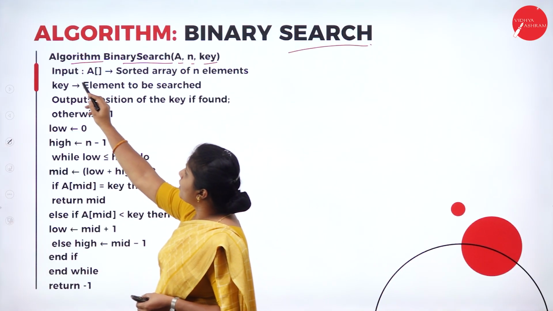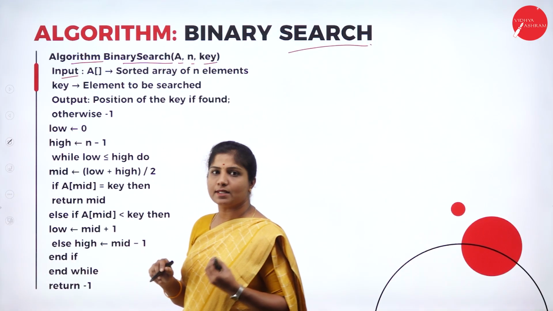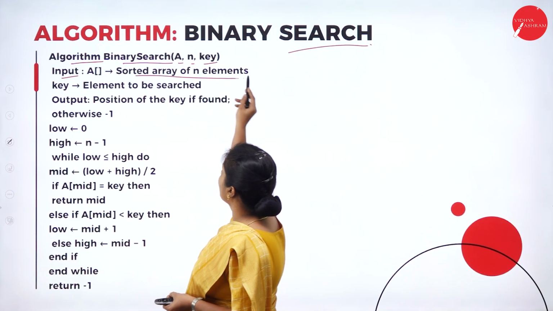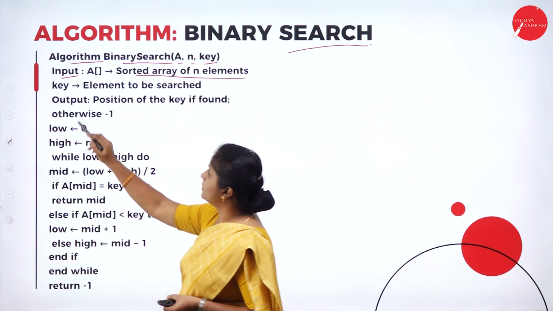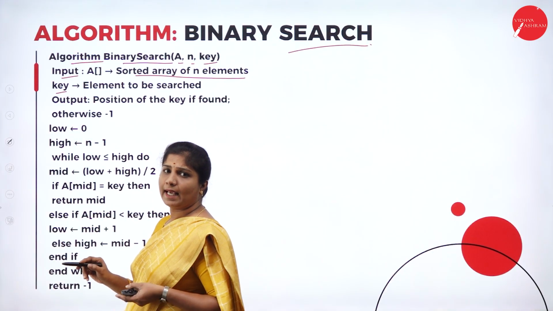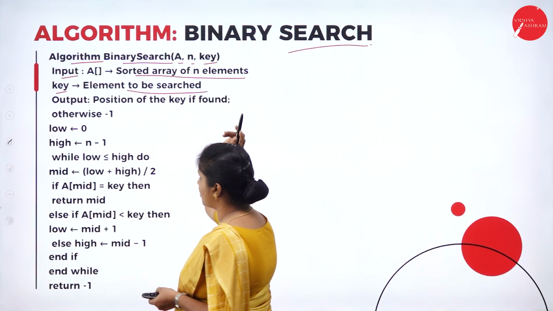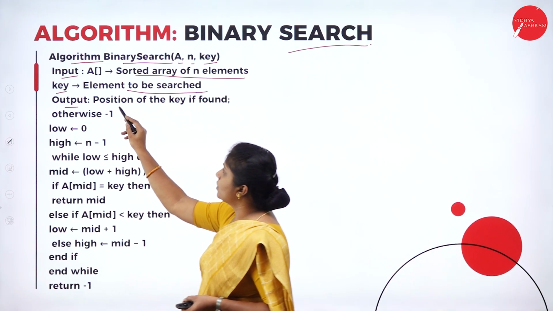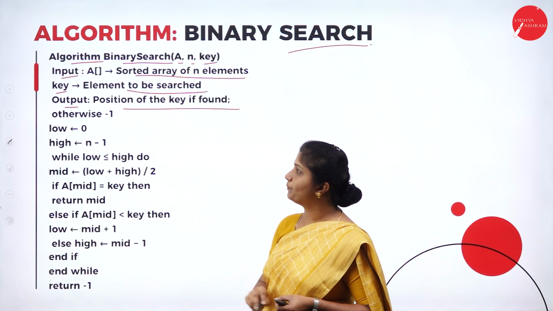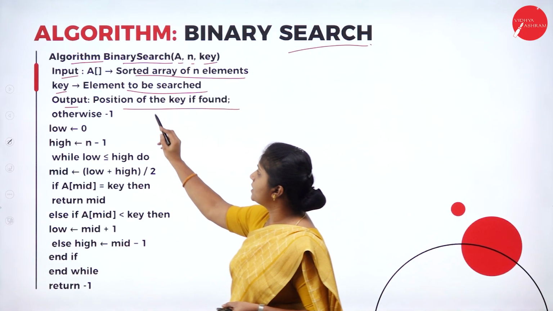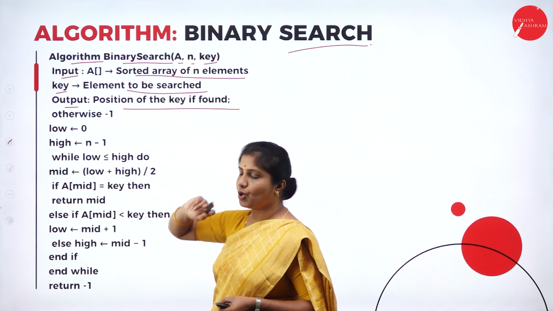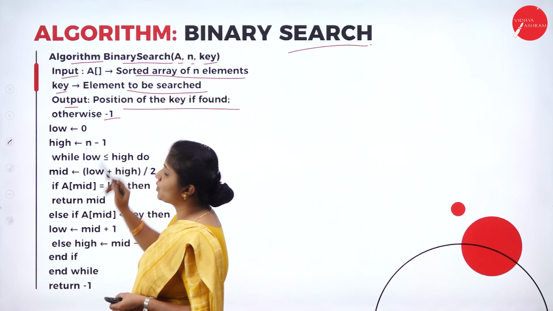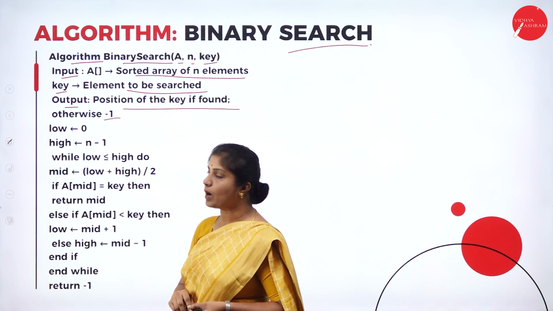Then the input is a sorted array of n elements, and one key element to be searched. Then the output is the position of the key if found, otherwise it returns -1.